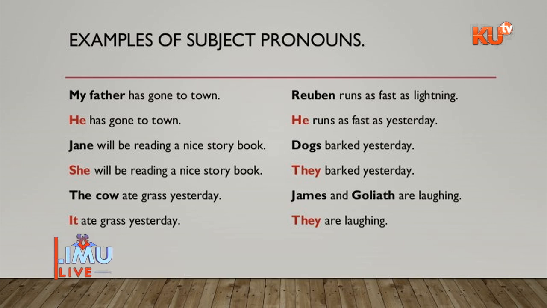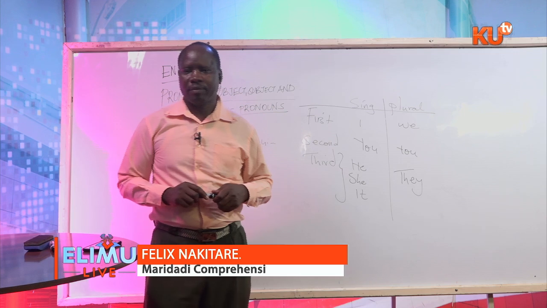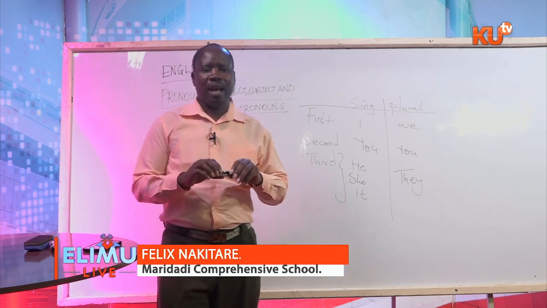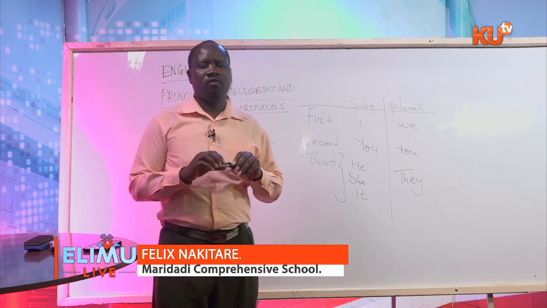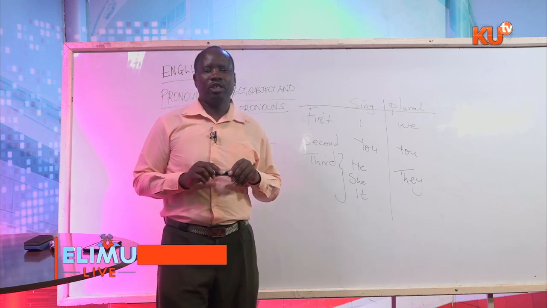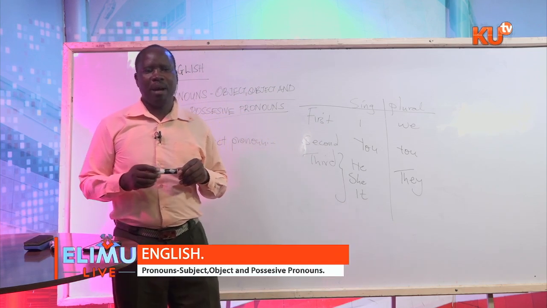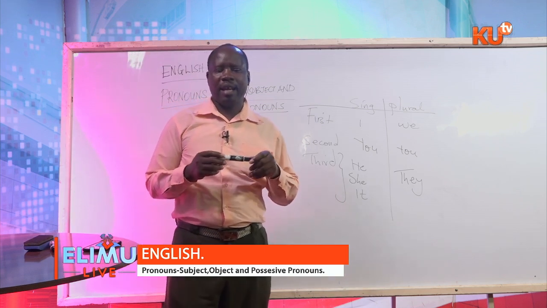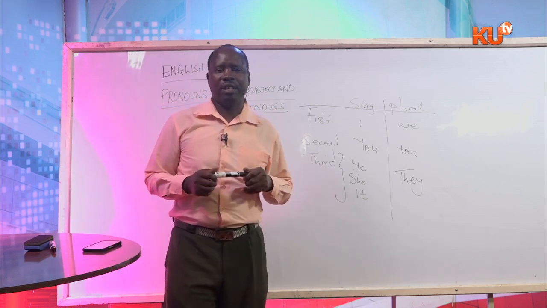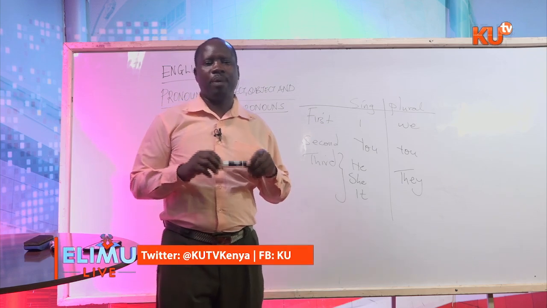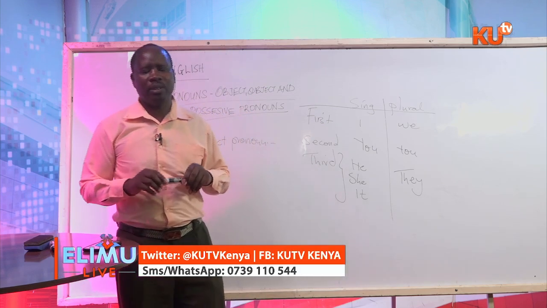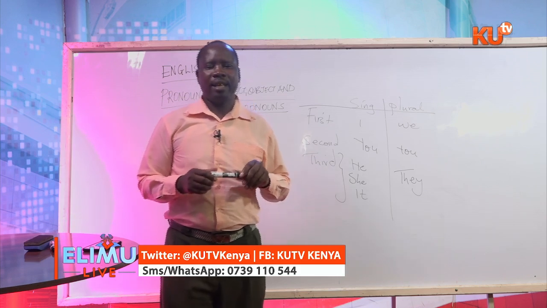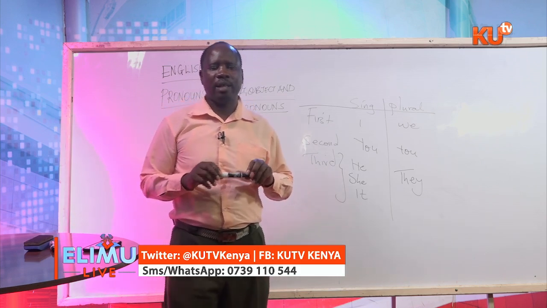Next, dogs barked yesterday. The noun there in the place of a subject is dogs. Remember, a dog is an animal, and I said for an animal or a non-living object or a plant, we use the pronoun it. So for a dog, we are supposed to use it. But again here, we have been given the word dogs.